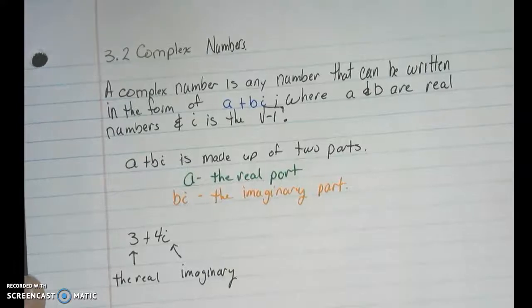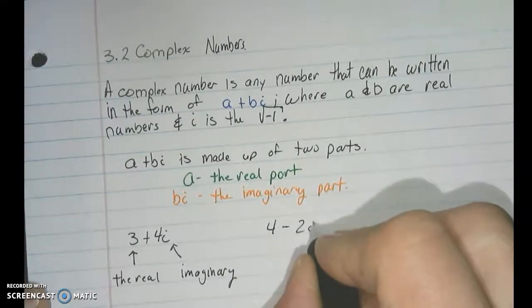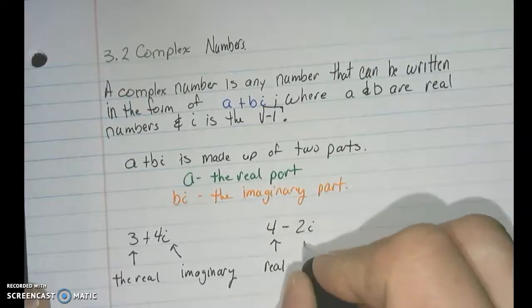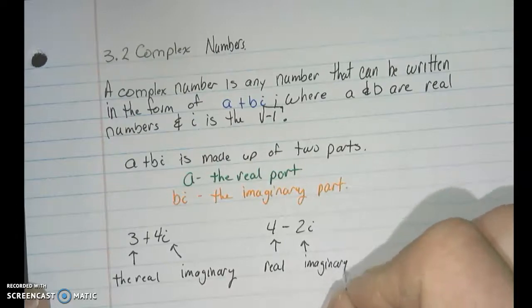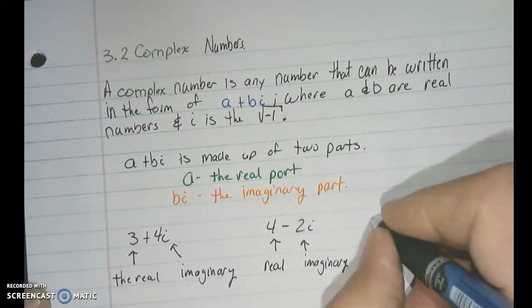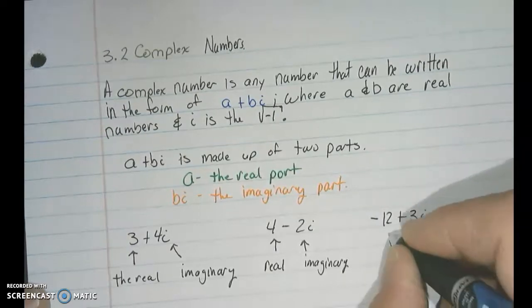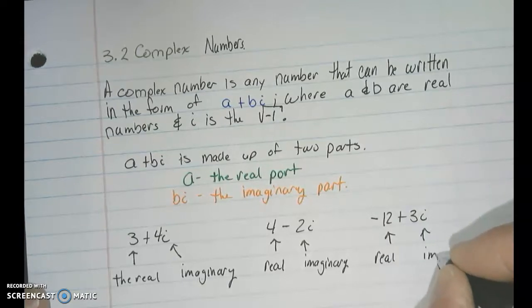All right, so we can also, don't forget the negative values, okay? So this is still real, and that's imaginary. And then we can also have stuff like this. So that's real, and that's imaginary.